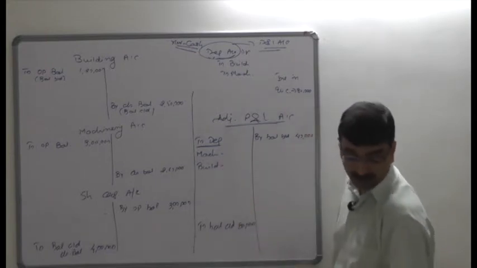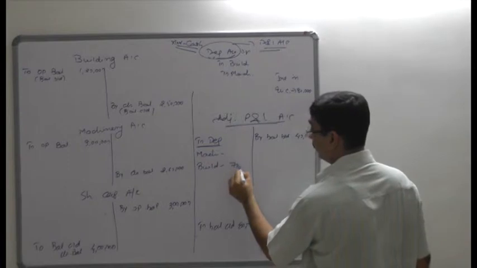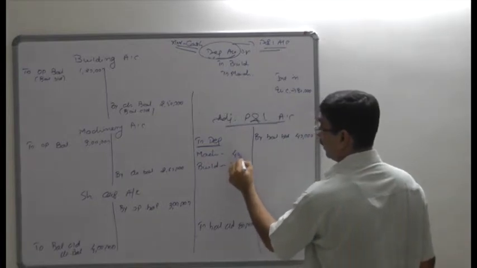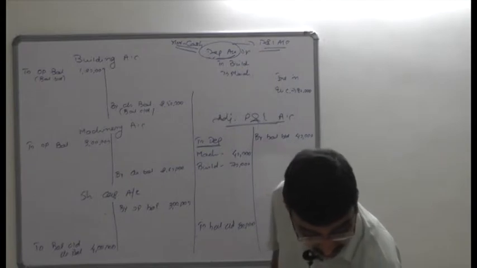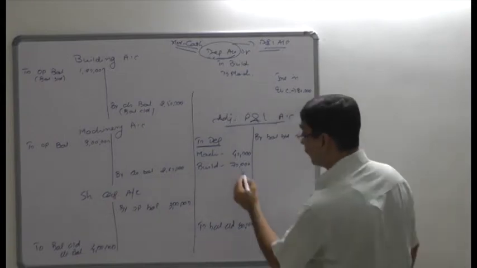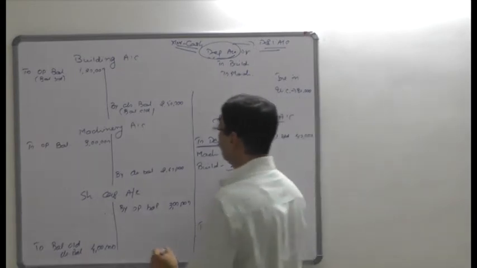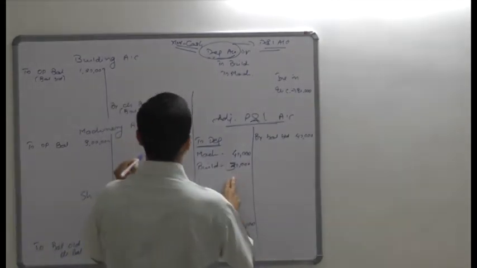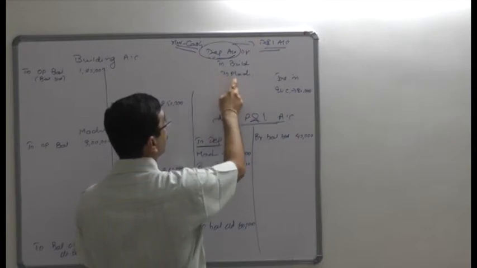Machinery and building, and the values are: building is 70,000 and machinery is 40,000. Just confirm whether it is right or wrong. It's 70,000, and that is wrong. It's actually 30,000 rupees on building and 40,000 rupees on machinery. Now it would be impacted here, as we actually write an entry. Building and machinery, both the accounts are credited.